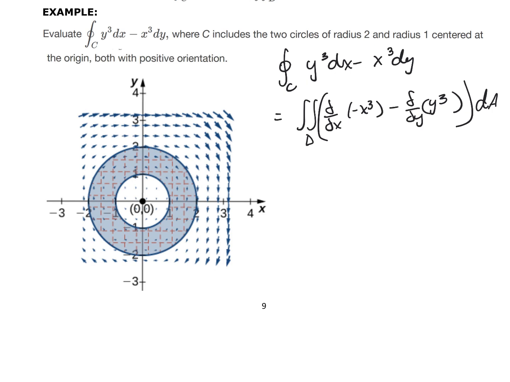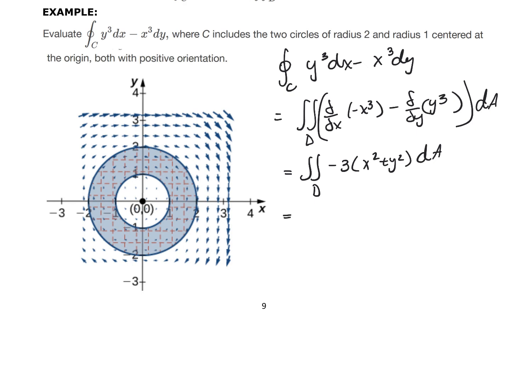This is just Green's theorem. And then this is the double integral over the region D of negative 3 times x squared plus y squared dA. Just made that a little bit easier.